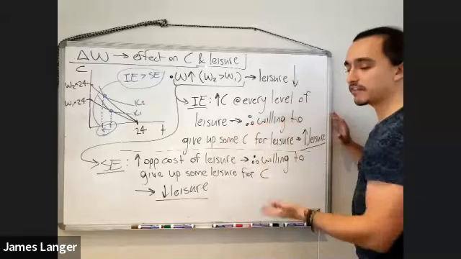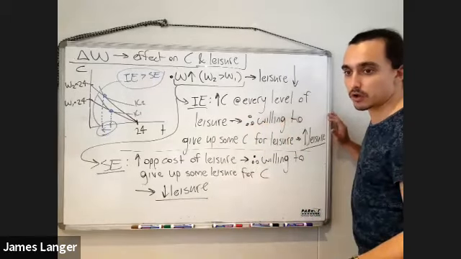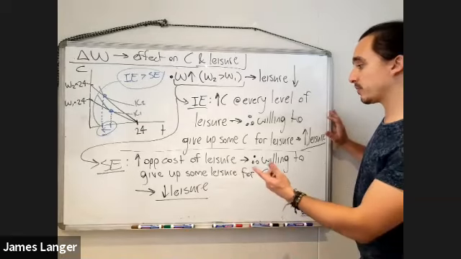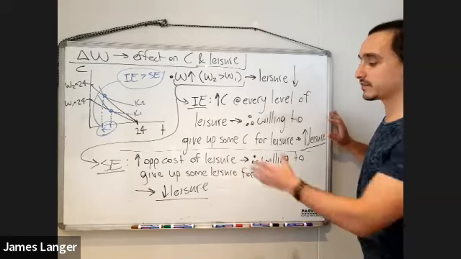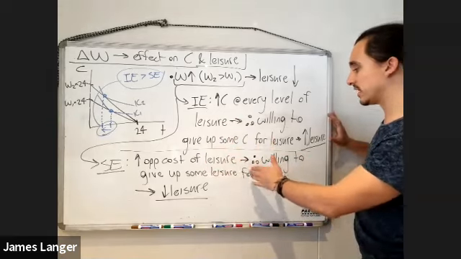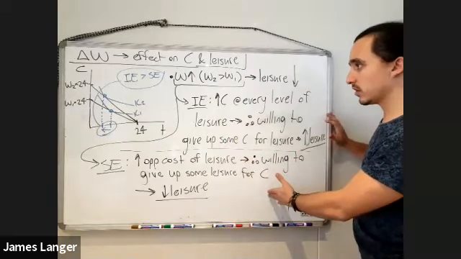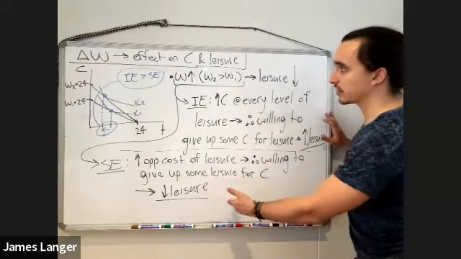So I'm willing to give up some consumption. And if the substitution effect of the increase in the opportunity cost of leisure means I'm willing to give up some leisure for consumption, then in that case, I'm going to decrease my leisure.